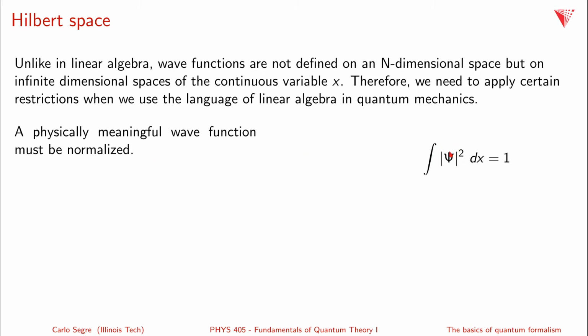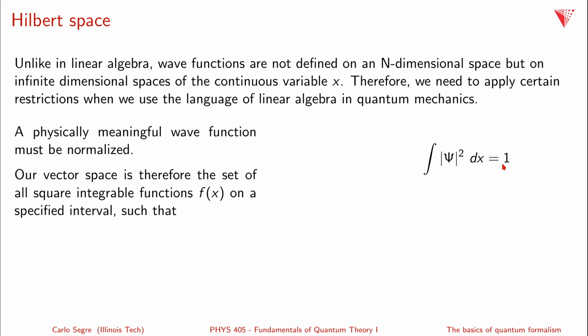That is, you can take the square integral over all space of a wave function and you must get 1. Therefore, your vector space for wave functions is the set of all square integrable functions f of x on a specified interval, such that the integral of f of x modulus squared integrated from a to b has to be less than infinity. Otherwise, you can't have normalizable functions.